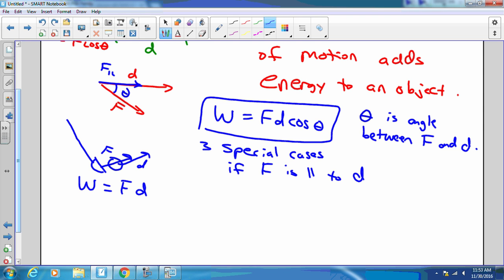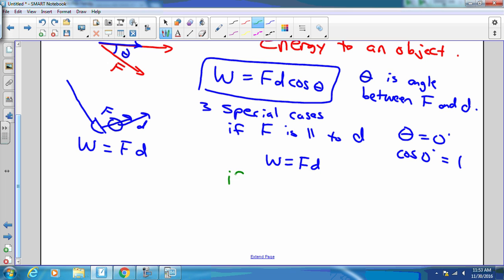If F is exactly parallel to D, then the angle between them is 0, and the cosine of 0 degrees is positive 1, and therefore work is simply F times D. The 1 is invisible. This is a big special case that we love.